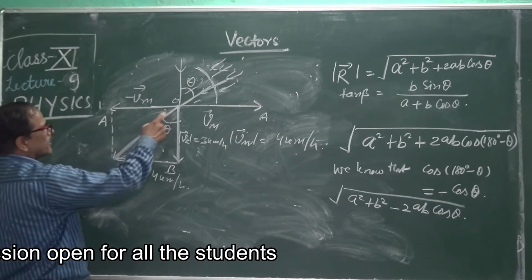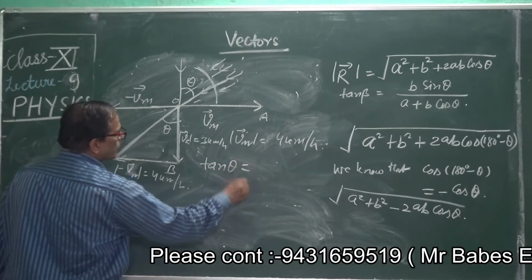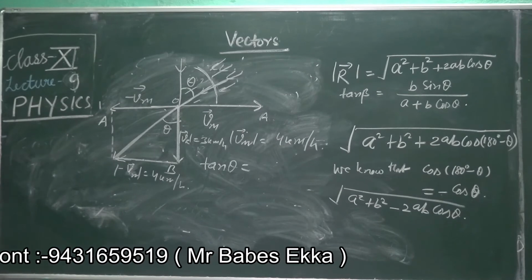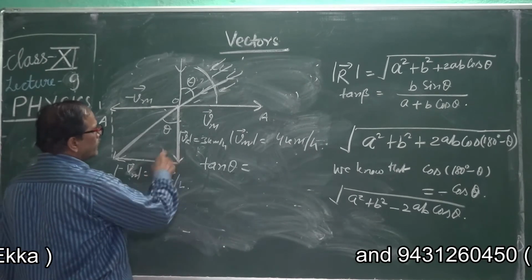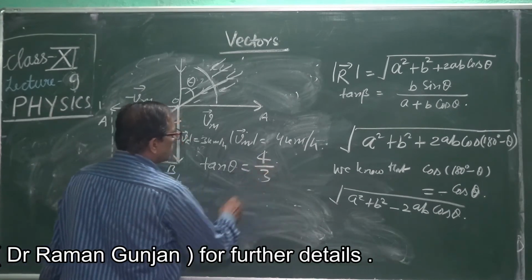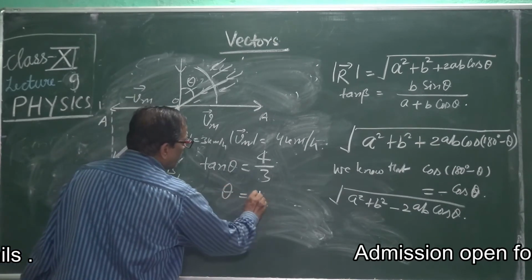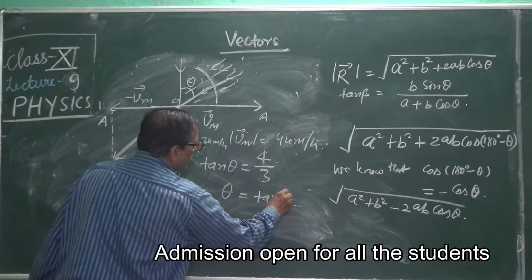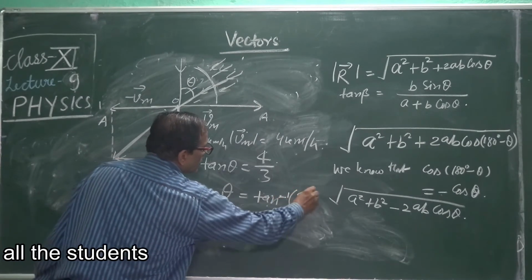From this right triangle take tan theta. Tan theta is what? Perpendicular by base, so we get 4 by 3, so theta is tan inverse 4 by 3.